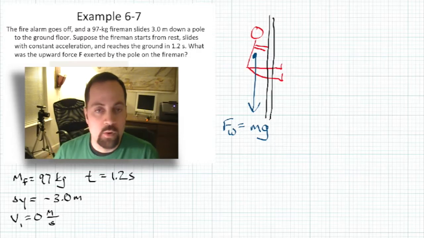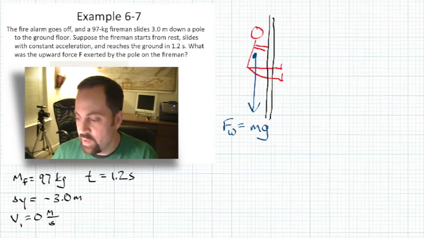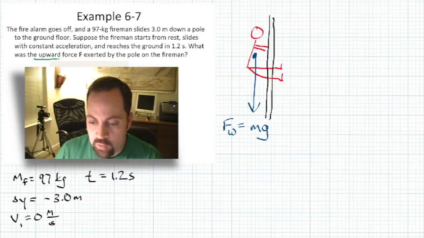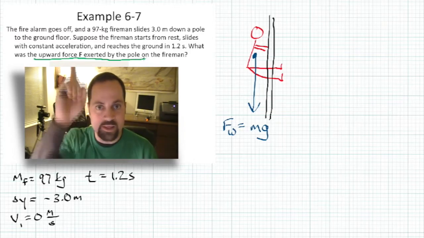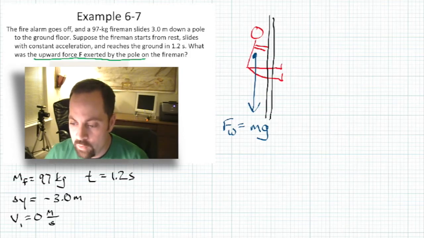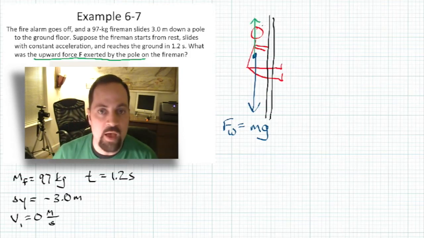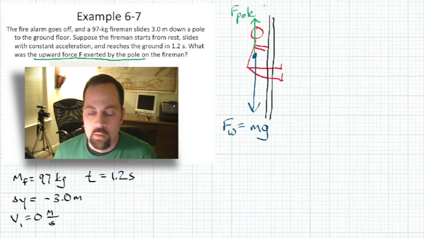Well, what we're being asked is, what is the upwards force being applied to the fireman by the pole? So the pole is kind of impeding his downward progress. The pole is kind of pushing up on him. So I'm going to draw it like that. Force pole. All right.